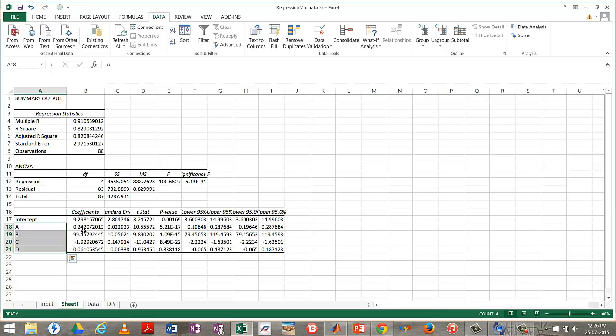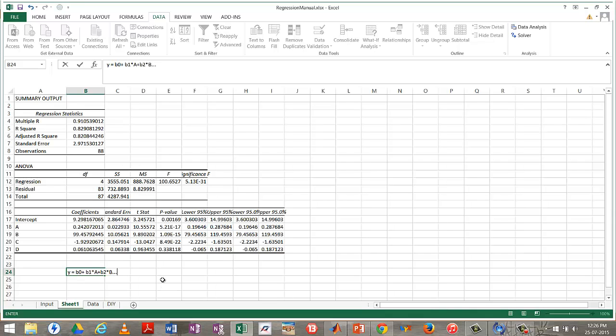and correspondingly for A, B, C, and D, their respective betas, because just remember that we have a functional form of the nature, and I'm just going to type it out here: y is equal to some constant, let's call that beta naught, plus beta, let's call it 1, times A, plus beta 2 times B, and so on.